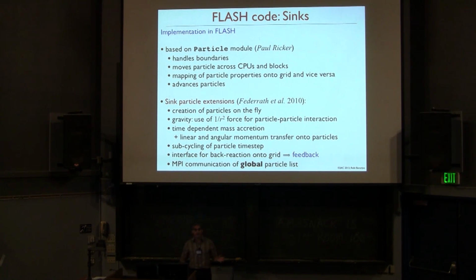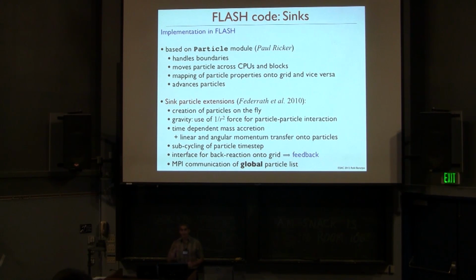But the nice thing about this module is you can build on it easily and do a more dynamic implementation of sink particles, creating particles on the fly when there's a collapsing region, because Paul Ricker's module already had all the framework for combining particles with the FLASH environment.